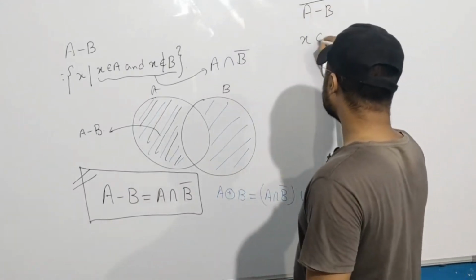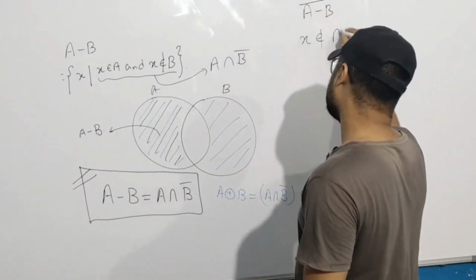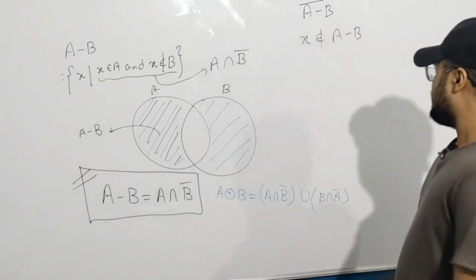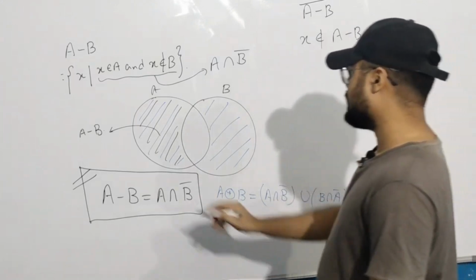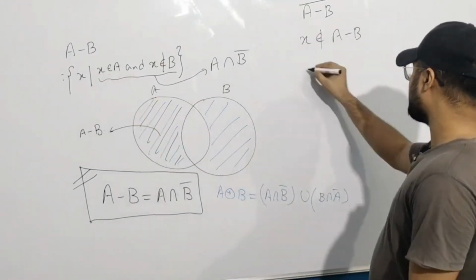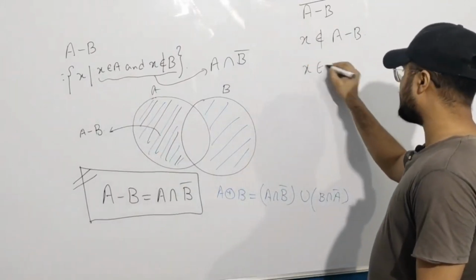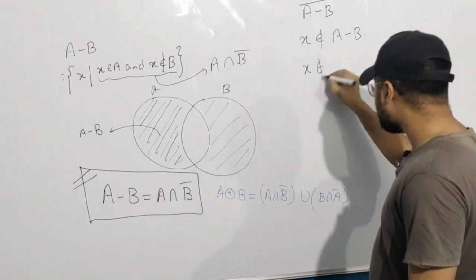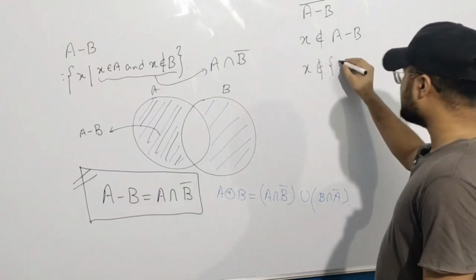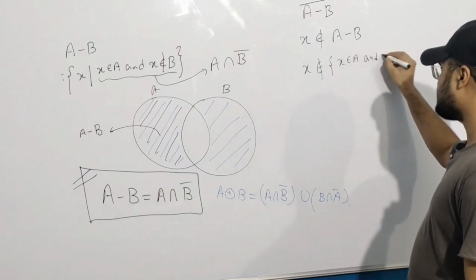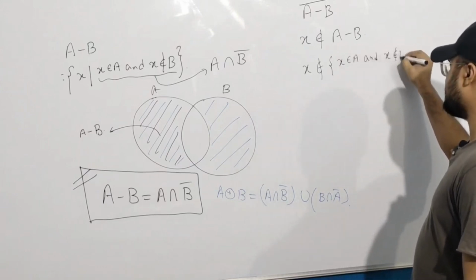It means that X does not belong to A minus B, right? It means that X does not belong to A minus B is X belongs to A, and X does not belong to B.